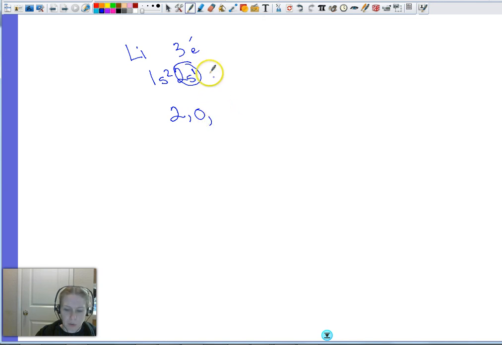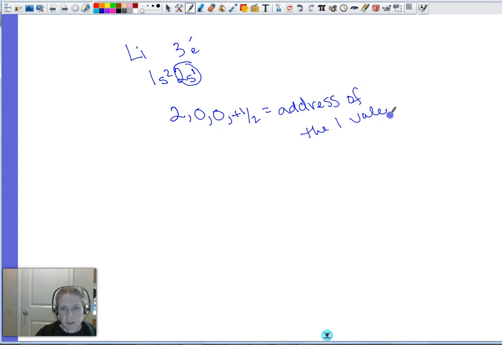Our magnetic quantum number for the s orbital is also 0. And now, since I only have 1 electron, I can have it have a positive spin. So this equals the address of the 1 valence electron for lithium.